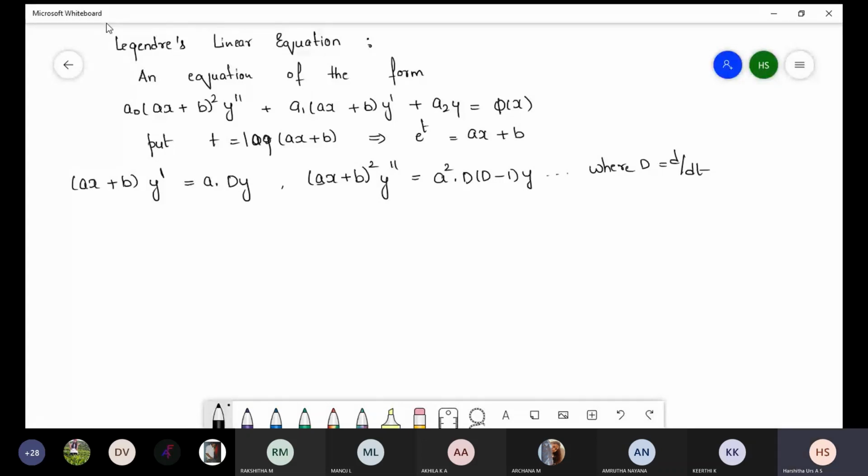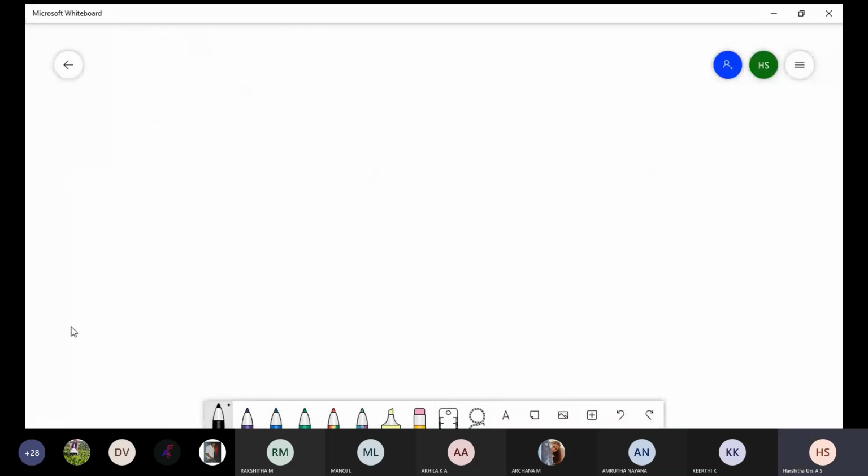Take down the first problem. (1 plus x) whole square d square y by dx square plus (1 plus x) dy by dx plus y is equal to sine of 2 into log of 1 plus x.